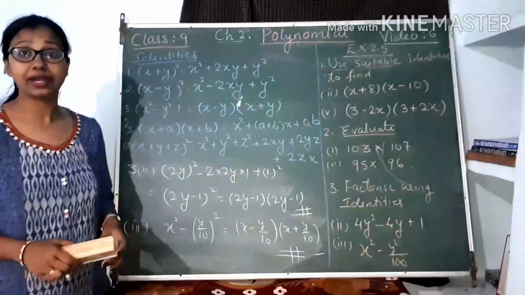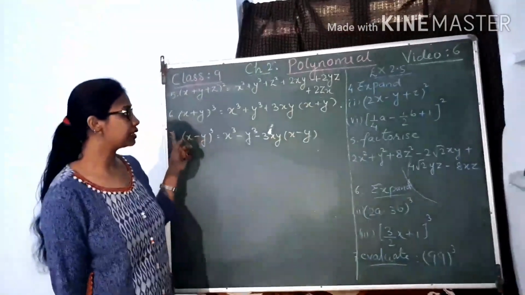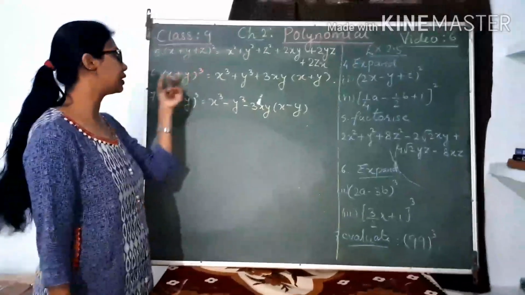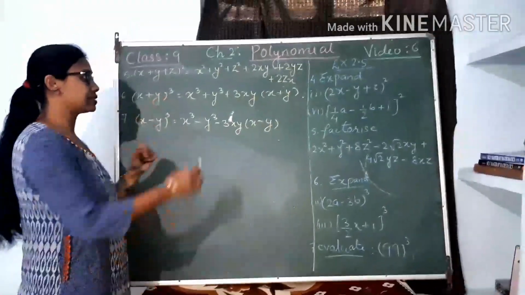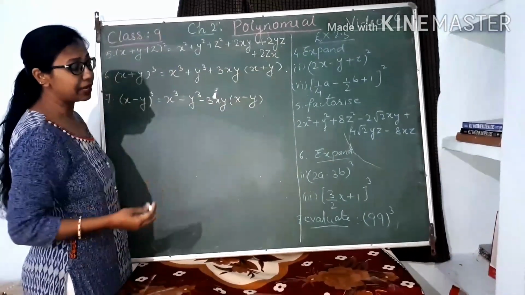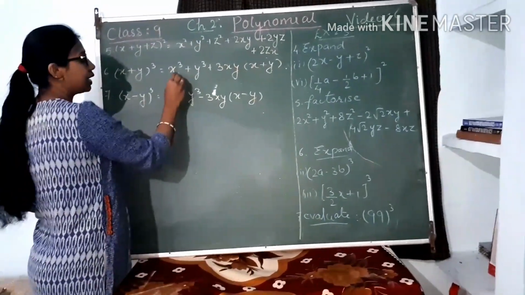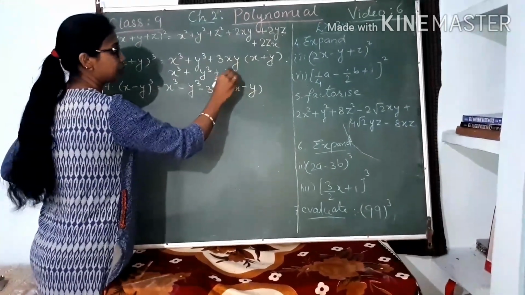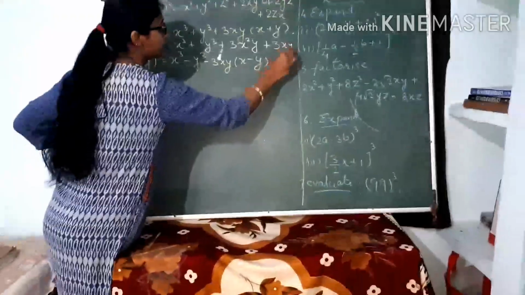Let us see a few more identities. We'll discuss a few more identities, and based on these identities, we'll discuss the questions. x plus y plus z whole square, we have already written. Sixth number, note down these identities also. x plus y whole cube is always x cube plus y cube plus 3xy into x plus y, but many times for questions like expand, we write it as x cube plus y cube plus 3x square y plus 3xy square.